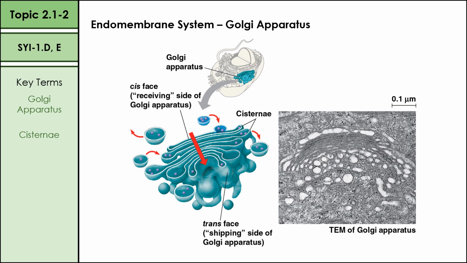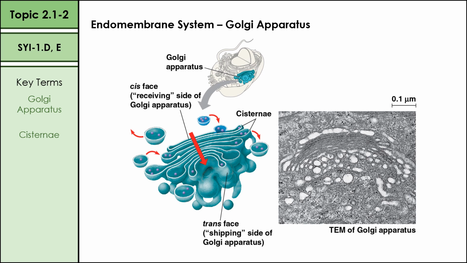Next in our line of where do our proteins go once they are produced by our rough endoplasmic reticulum is the Golgi apparatus. I always think that the Golgi apparatus looks a little bit like a stack of flattened pancakes because we have these series of canals of membrane that take our proteins and move them through from one side to another.